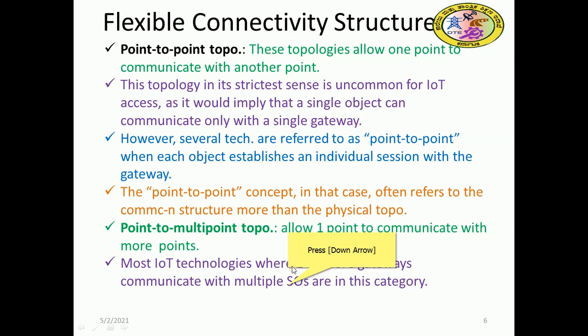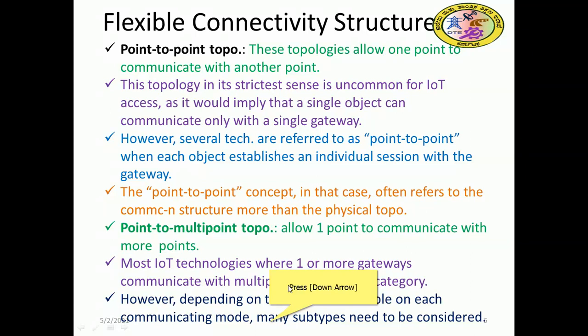However, depending on the features available on each communicating mode, many subtypes need to be considered. So it depends upon the features available in most of these technologies, and many subtypes also need to be taken into consideration.